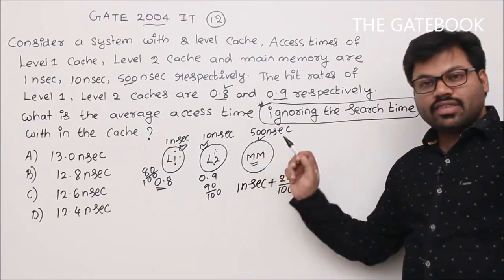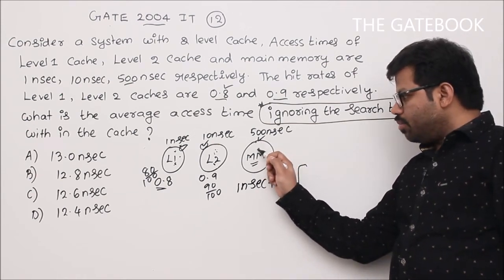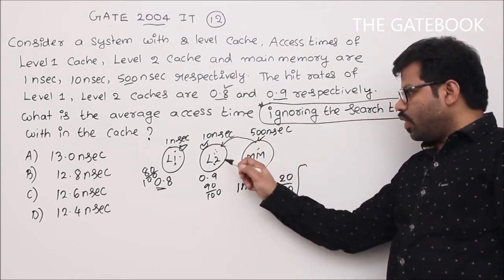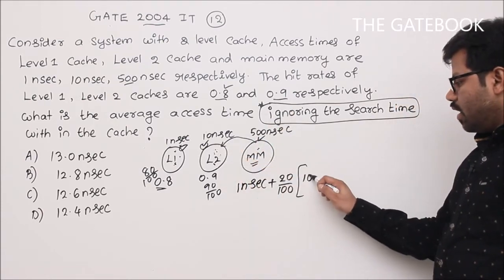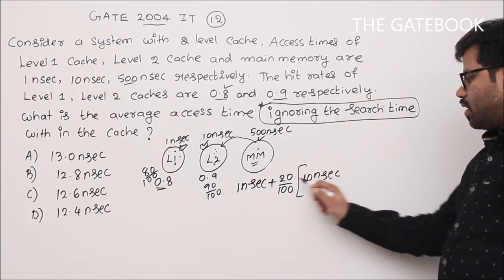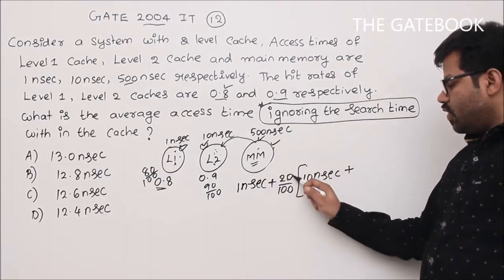What if L2 doesn't contain the data? Then we also access it, because we go to main memory, transfer the data to L2 and access it. So always we access the L2 cache in this 20% of the time, but we don't access main memory always in this 20% of the time.